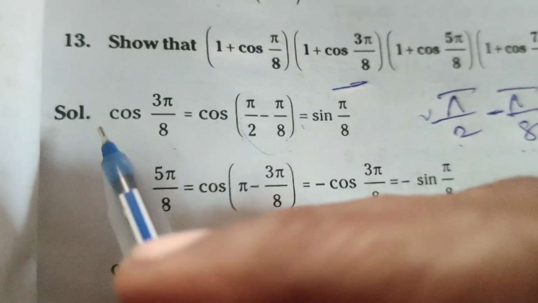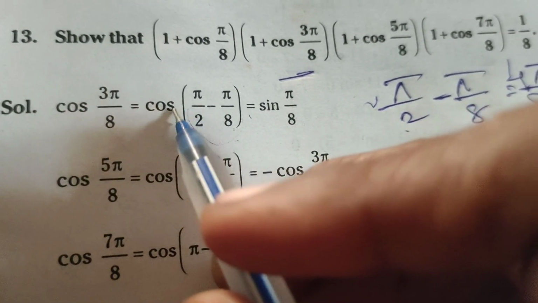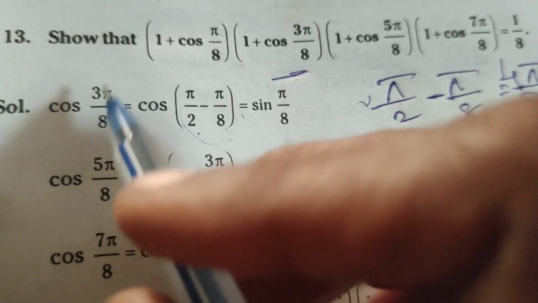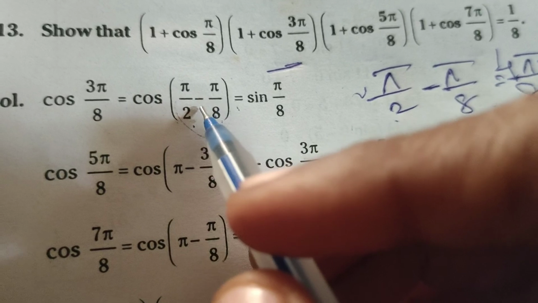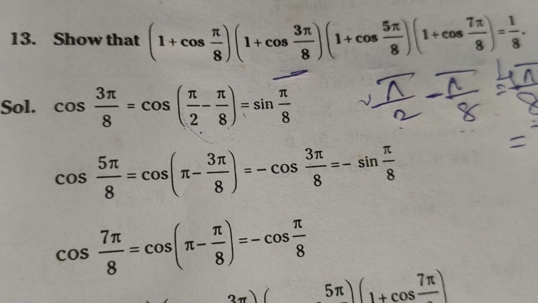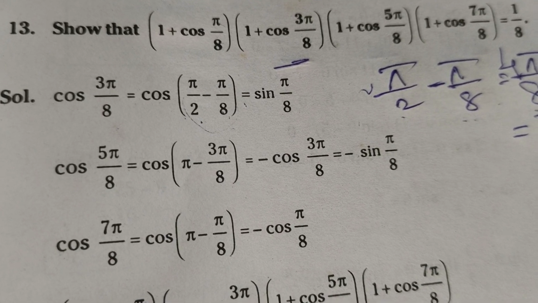So cos 3 pi by 8 is cos of 90 minus pi by 8, and using this formula we get sin pi by 8.